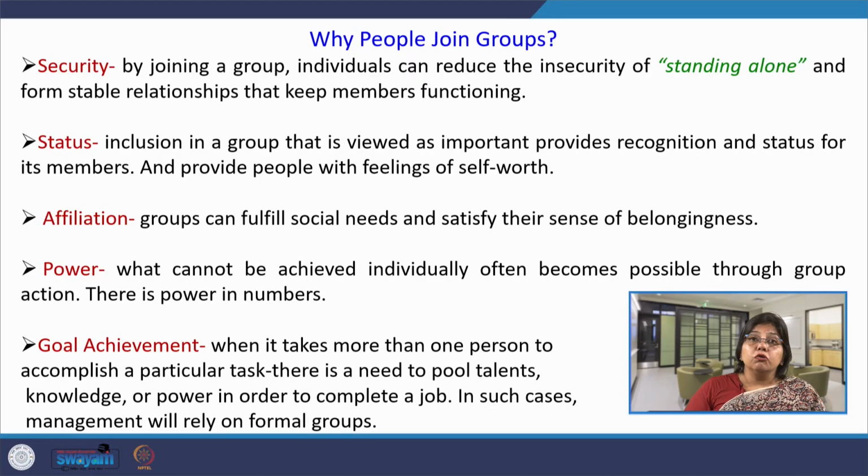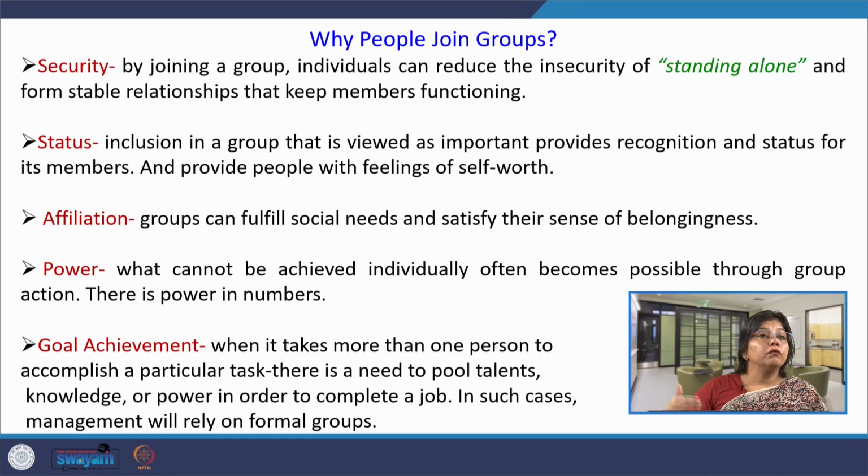Status. Inclusion in a group that is viewed as important provides recognition and status for its members and provides people with the feeling of self-worth. So, becoming a member of any successful group that has a success history, where there is more opportunity to learn and achieve higher goals, is why a person tends to join a particular group, because it adds status, it adds to an individual's self-esteem and self-worth.